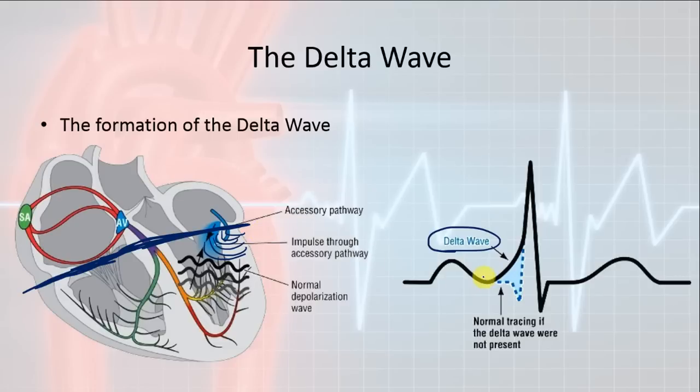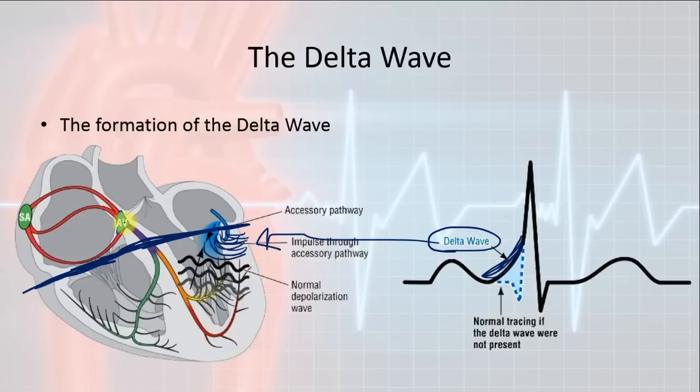What that does is it causes the deltaing or the sloping of the QRS complex. Now, it's supposed to be nice, tight, narrow, steep angles and all this kind of stuff, but we have this sloping right here. That sloping right here that causes this delta wave is this impulse slowly traveling through the ventricle.